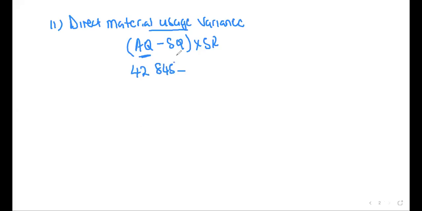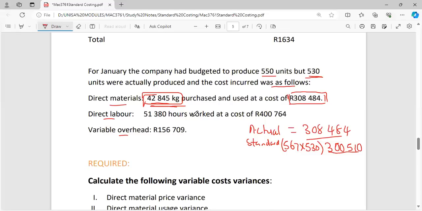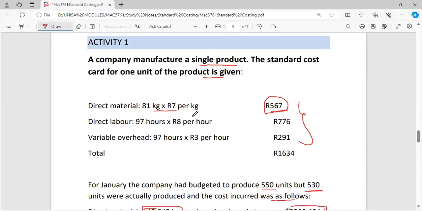minus what is going to be our standard quantity. Our standard quantity is going to be how much here? Remember, we're not dealing with price here.